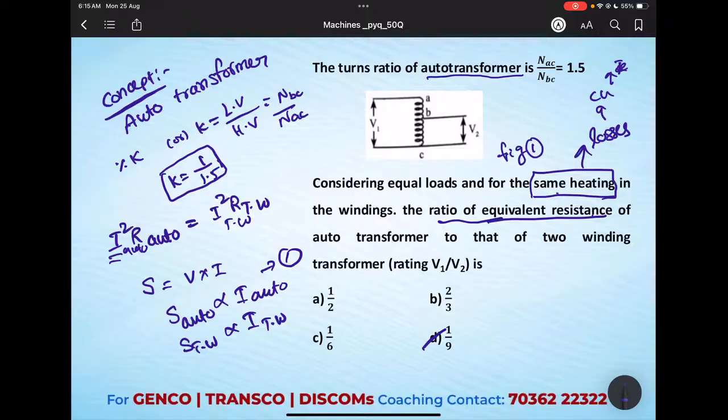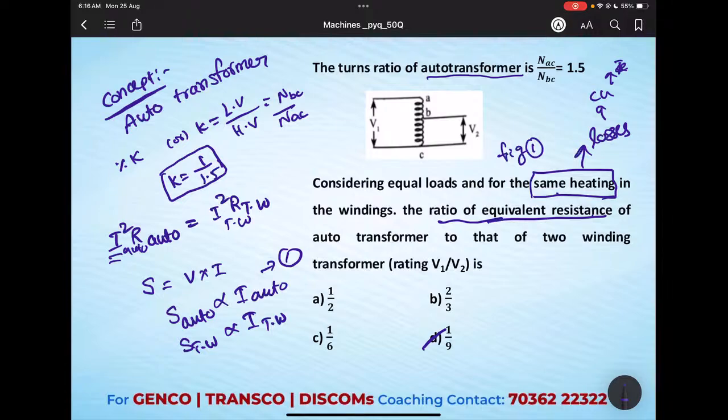They are telling same heating. From same heating, for the same load, it means the copper losses in the auto transformer and in the two-winding transformer are going to be the same. From that, you can get the ratio of the resistance of the auto transformer to the resistance of the two-winding transformer.